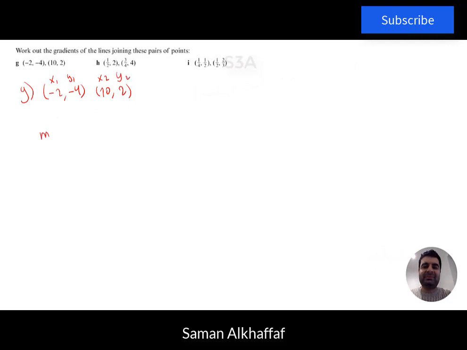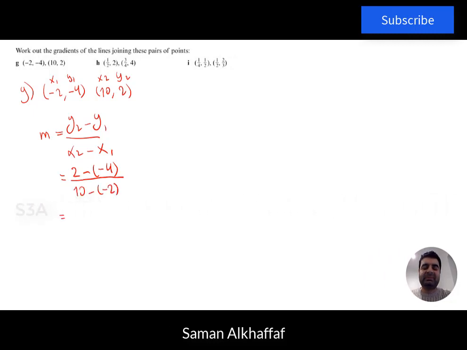So the equation of the gradient will be m equals y2 minus y1 over x2 minus x1. So in this scenario, we will have y2 being 2, take away minus 4, and in the denominator we would have 10 take away minus 2.